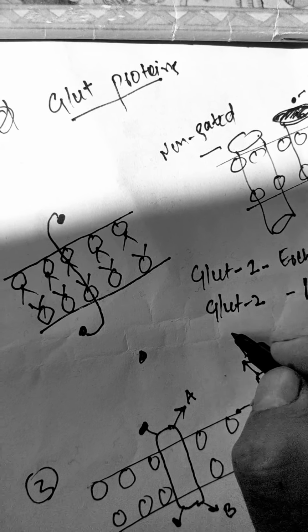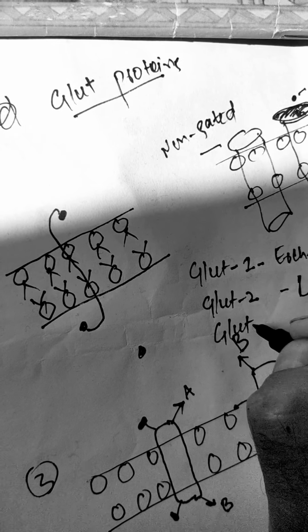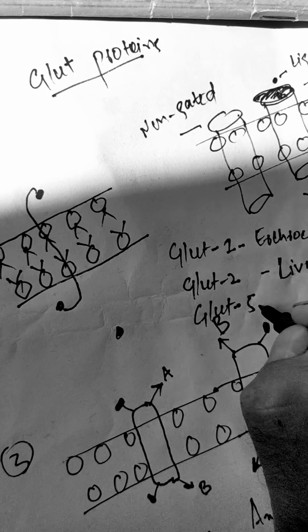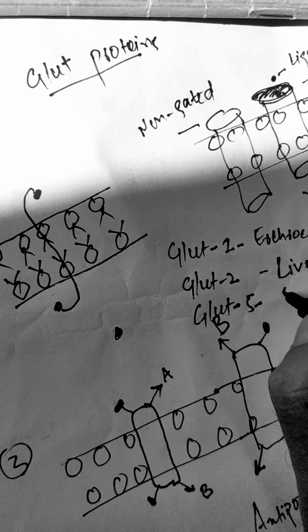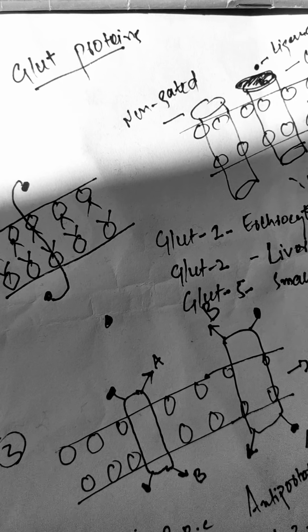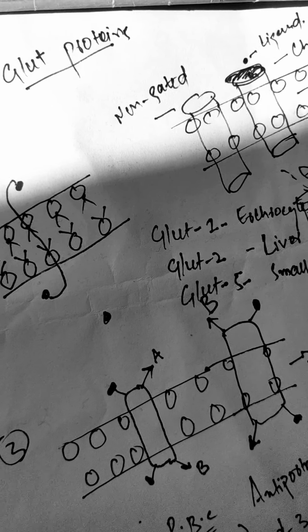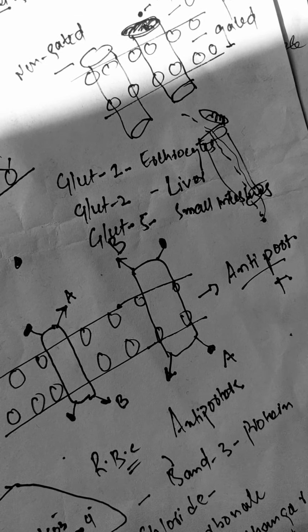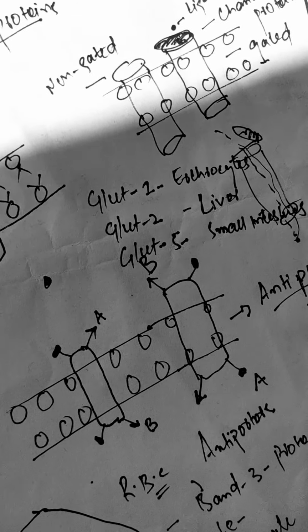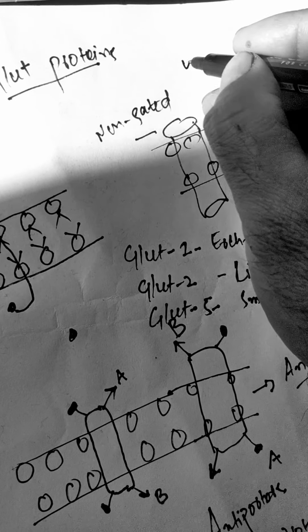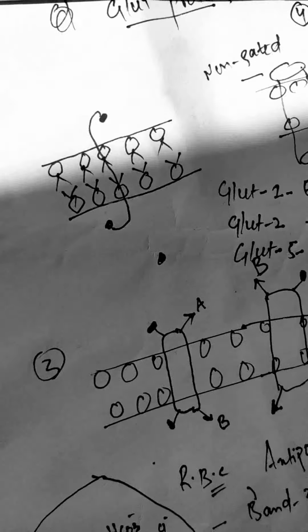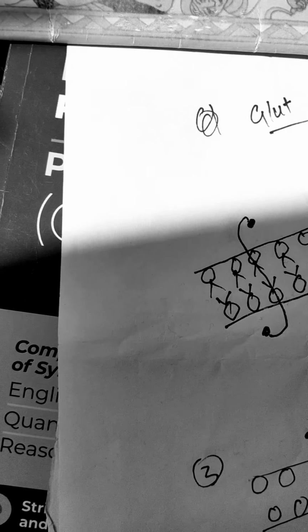And GLUT5, like glucose transporters, okay, GLUT5 is present in the plasma membrane of the small intestine. Okay, and this is the fourth way of transportation across the plasma membrane. Now the fifth way of transportation.